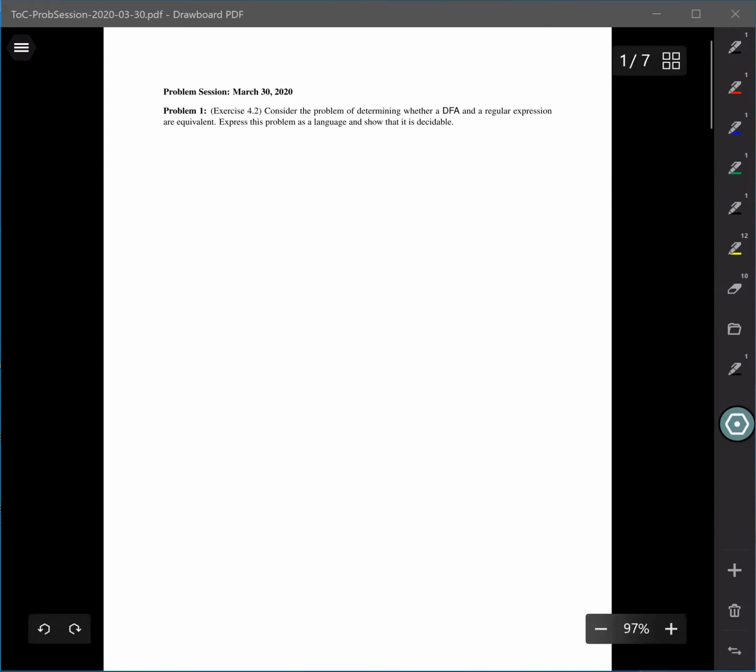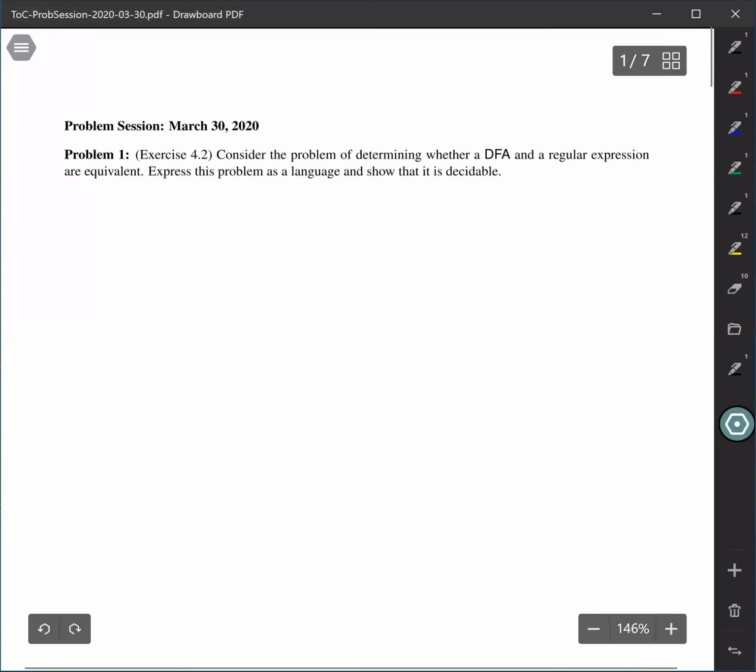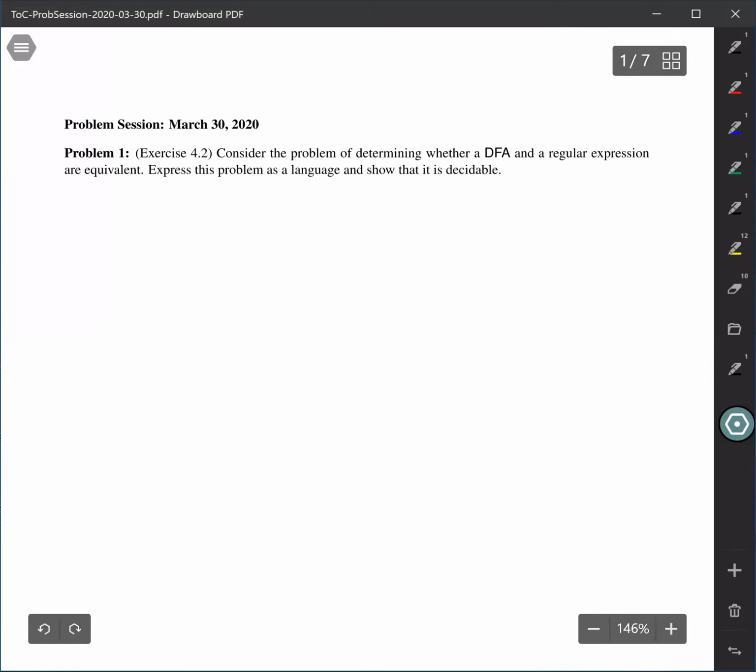Actually, let me zoom in a little bit here. Similar to the ones that we just saw, if you're asking whether two things are equivalent, we're going to name that EQ with the subscript.